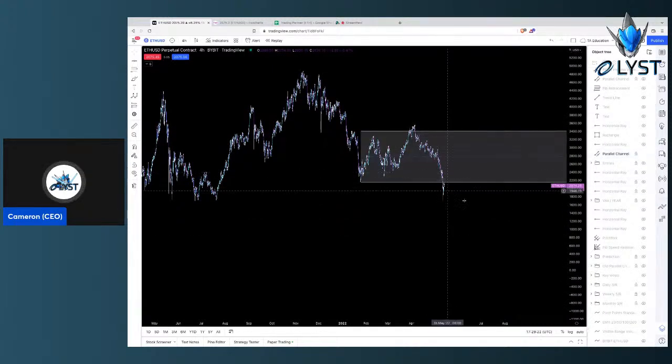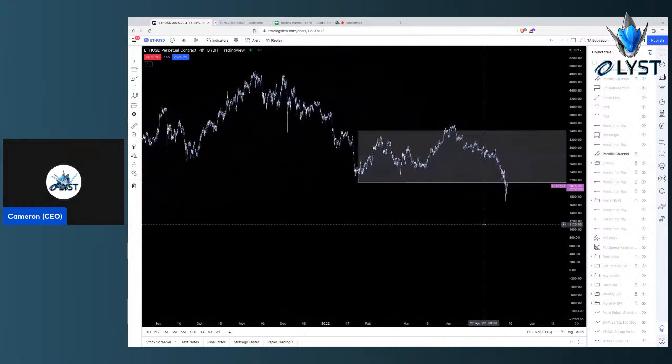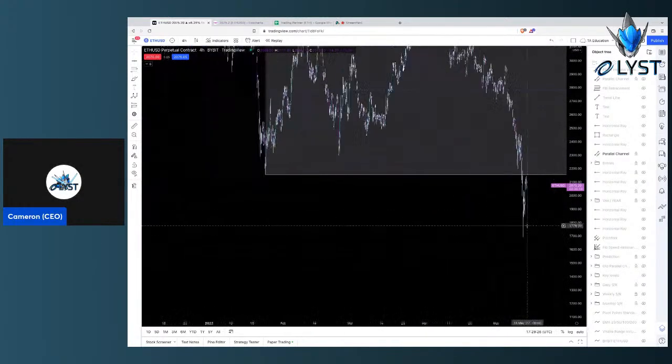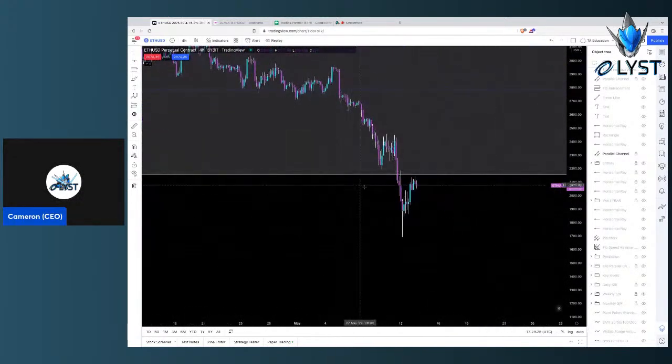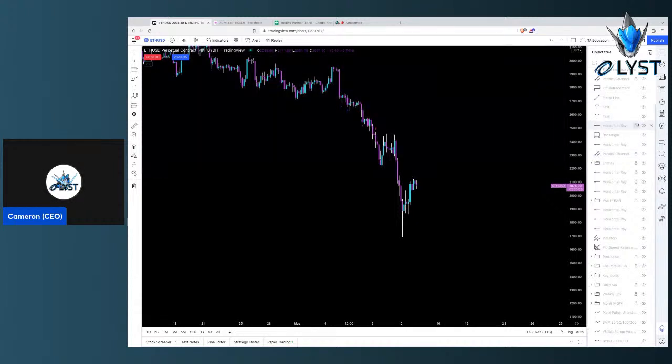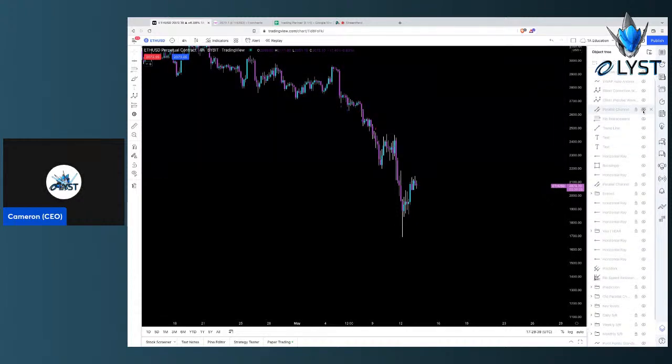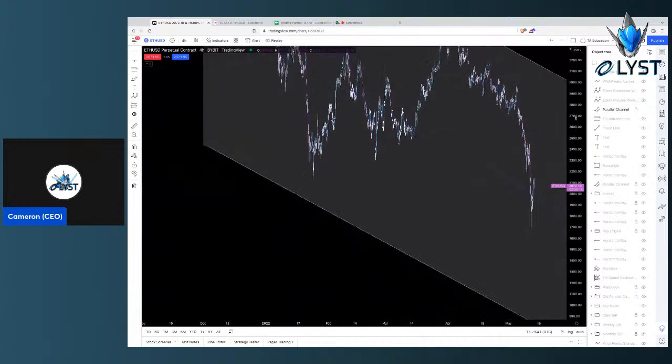not necessarily that though. Look at this. Did we not get some resistance up here? Certainly did. Certainly got some resistance up there. Doesn't mean that we can't break back in, but we definitely got some resistance. So parallel channel. Okay.